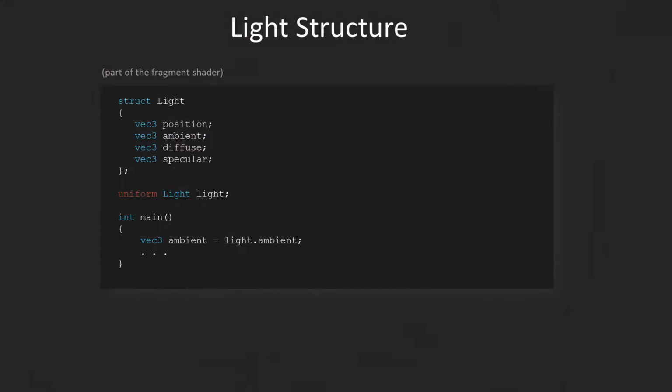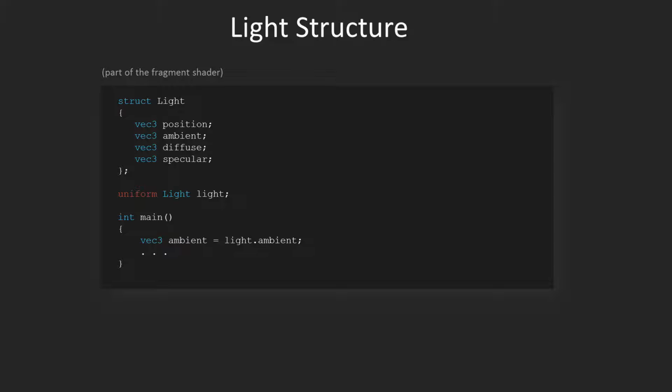Now we're going to reorganize our shader to include first a light structure. The light structure can have a position, ambient, diffuse, and specular components. Just like C, GLSL supports structures, and the syntax is basically the same as in C. So we're going to create a structure, and then create a uniform variable, in this case called light, out of that structure.